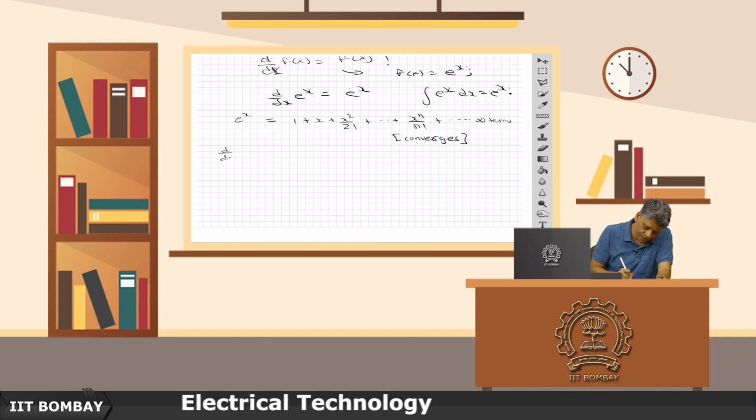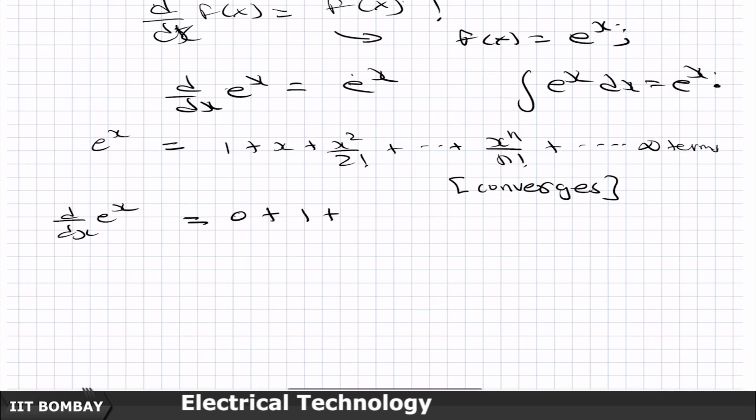let us take the d by dx of e to the power x. Then what is that going to be? The first term's derivative is 0, the second term's derivative is 1, the third term's derivative is going to be 2x by 2 factorial, then the next term is going to be x cube by 3 factorial, so it will be 3 x square by 3 factorial, and so on, n x to the power n minus 1 by n factorial, and so on.